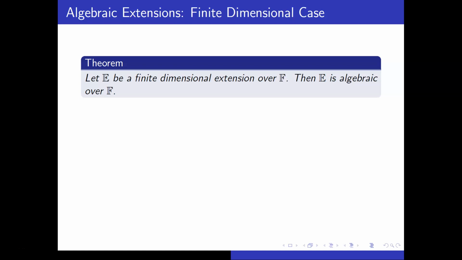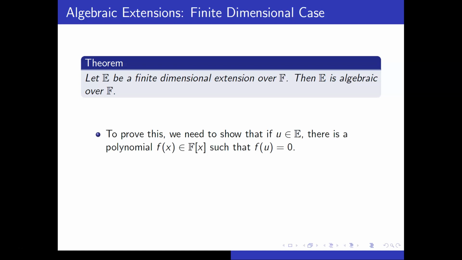Now, as mentioned at the beginning, we've already seen a large class of these, namely finite dimensional extensions. Every finite dimensional extension is algebraic over the base field. To prove this, what we have to show is if I start with some element u in the extension, I can find a polynomial with coefficients in F such that f of u is equal to 0.